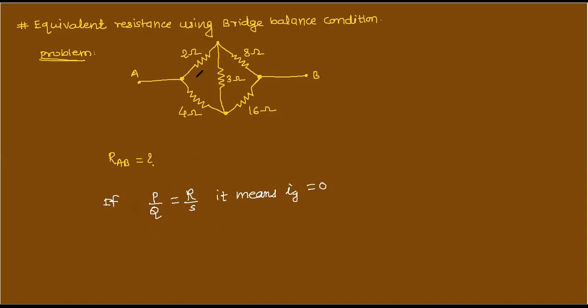This is 1 by 2 and here also 1 by 2. Therefore, if I mark points C and D, CD is not there, है ना?